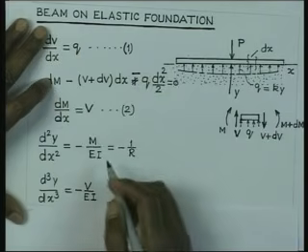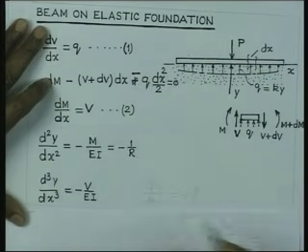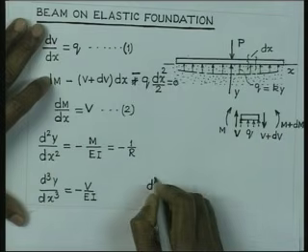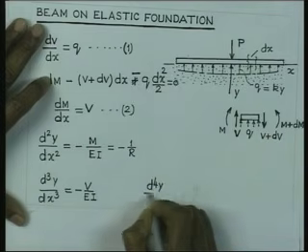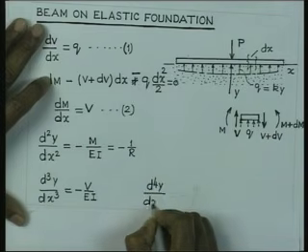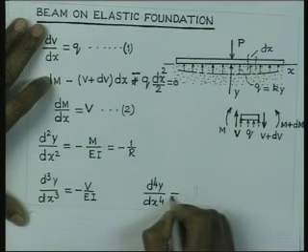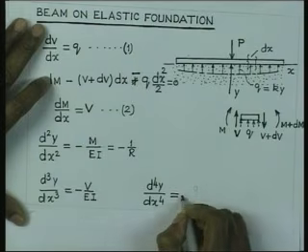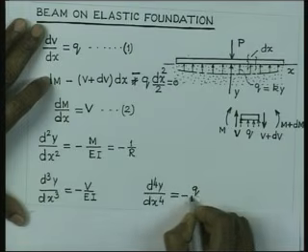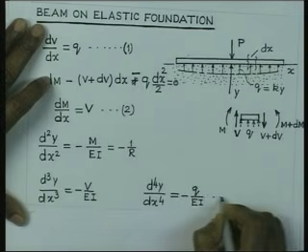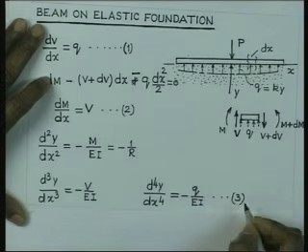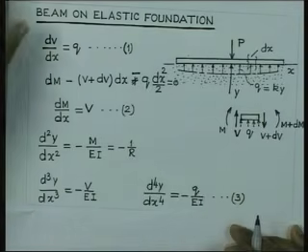I simply substitute dM/dx is equal to V. Similarly, if I differentiate it once more, d4y/dx⁴ is equal to minus q by EI. So, that is the equation which is the deflection equation of the beam on elastic foundation.